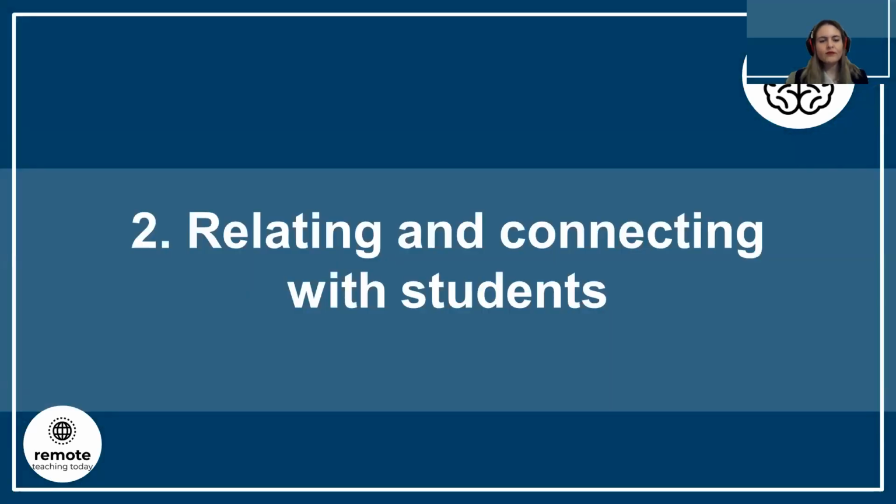Good. Now going on with Perry's pyramid, after the brain is relaxed and it's calm, we need to connect with students. Here is the emotional brain on stage. And how can we connect with the students?